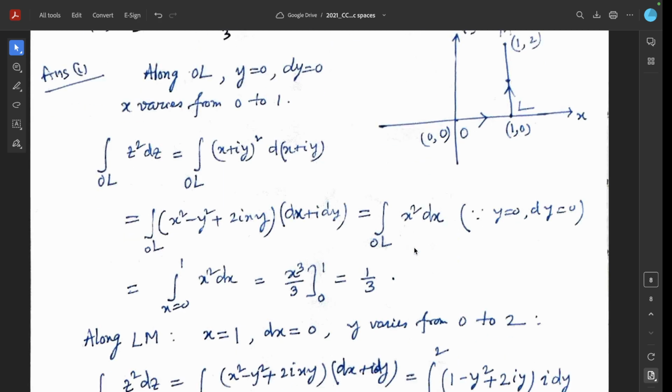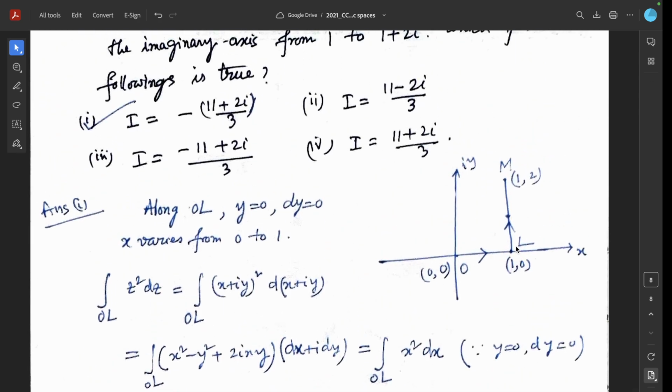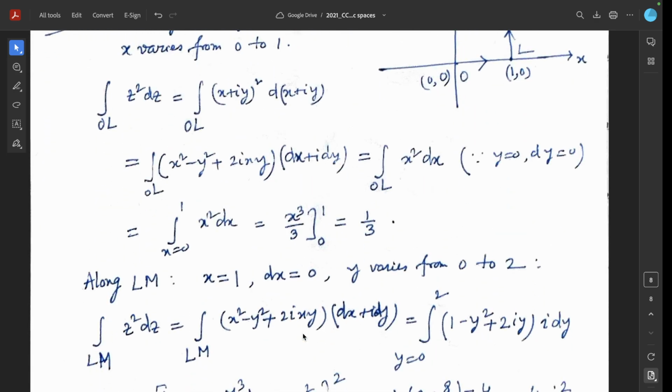Along L to M, x equal to 1, because on this line segment x is always 1 and only y varies, y from 0 to 2. So dx equal to 0, x constant, so obviously dx is 0.